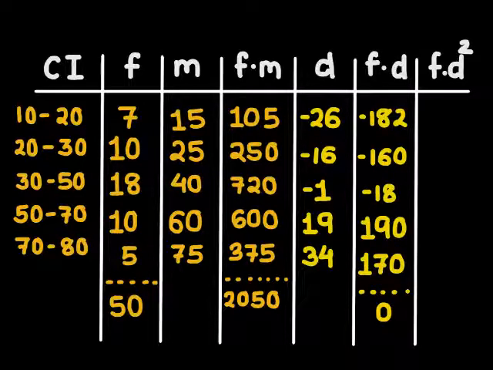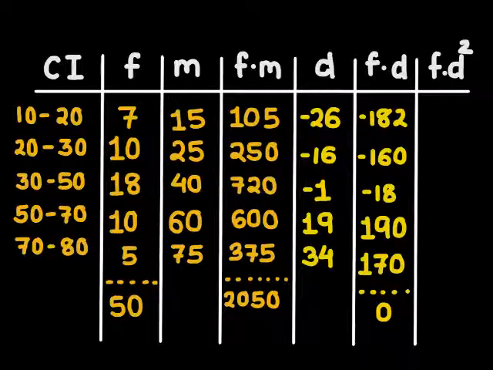Now let's calculate the sixth column, that is f multiplied by d, the frequency of the classes and the deviations of the classes.